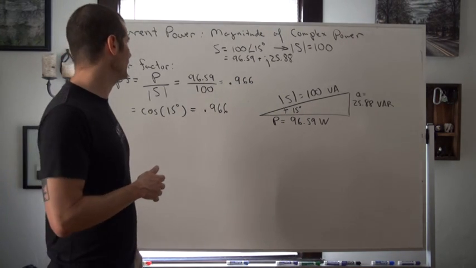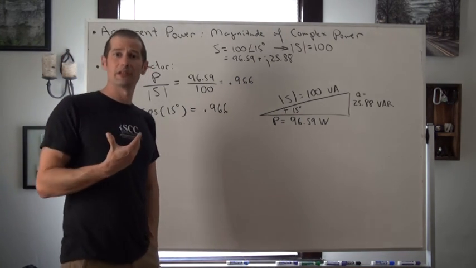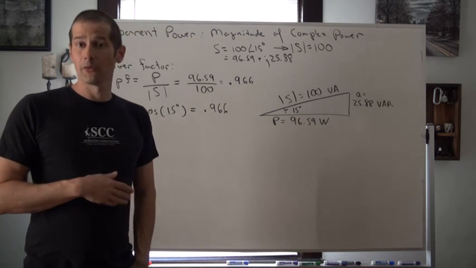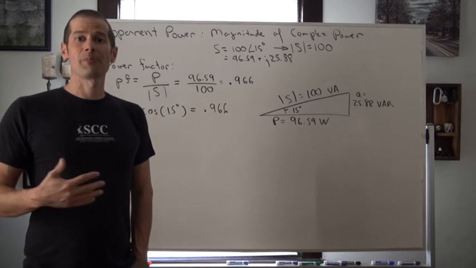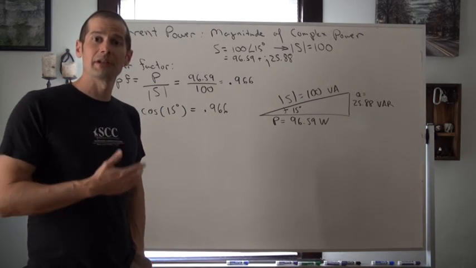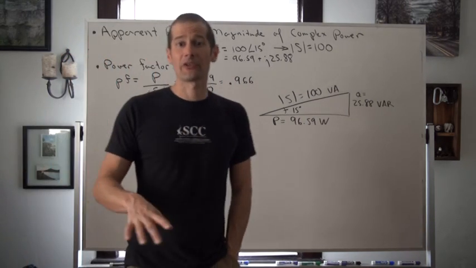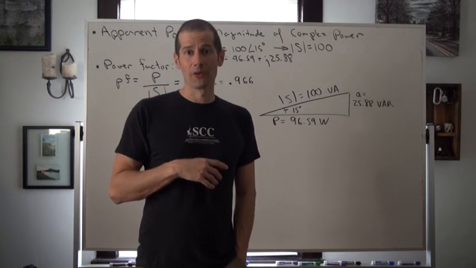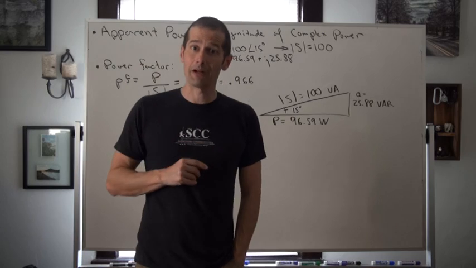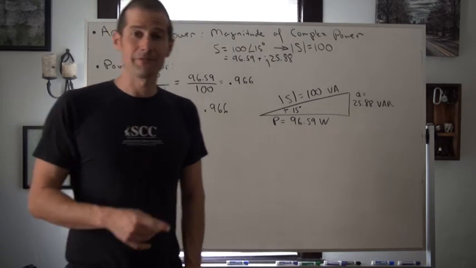Sometimes when we have just the real power, the reactive power, or the apparent power, and we have the power factor, we can determine everything else in the system, because the phase angle of the complex power is nothing more than the inverse cosine of the power factor itself, of that efficiency.